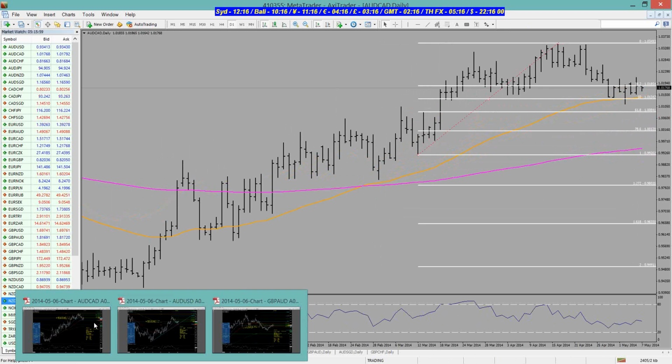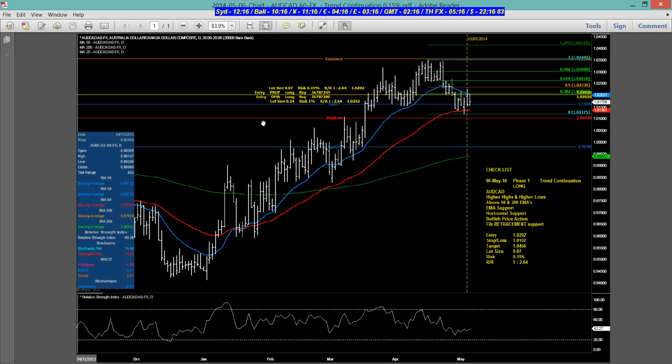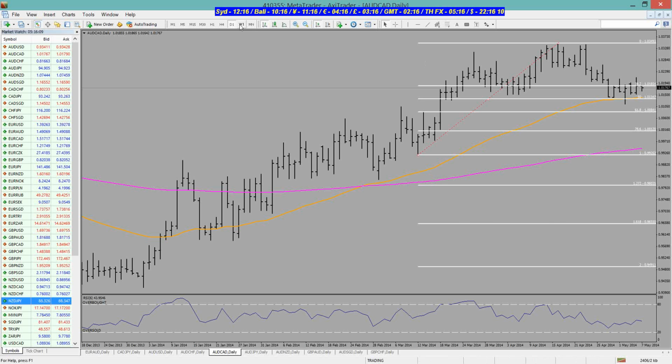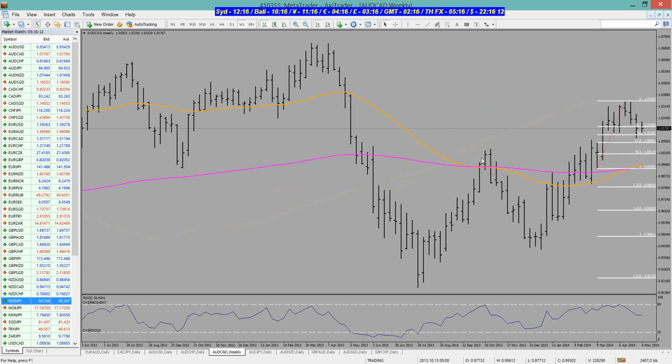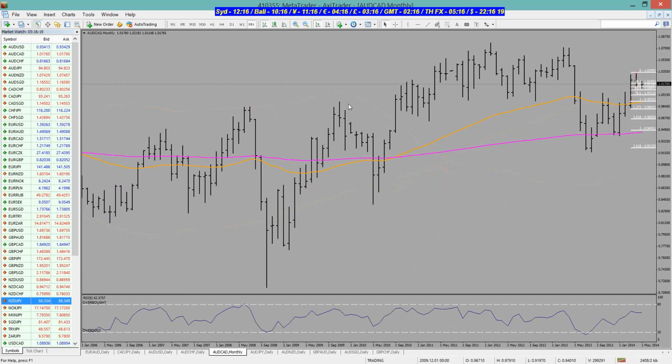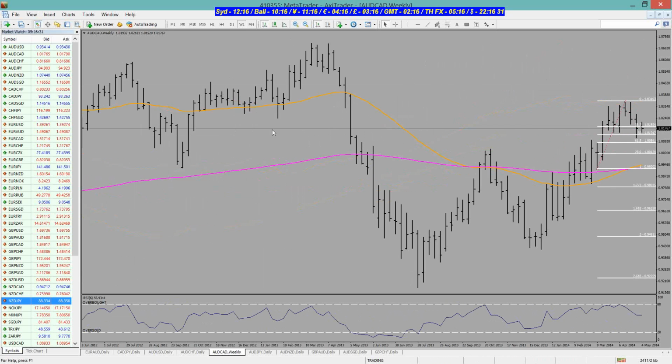You need a bit of a horizontal. If you've got this one here at 10160. Not really seeing much of a horizontal till you get back down here.